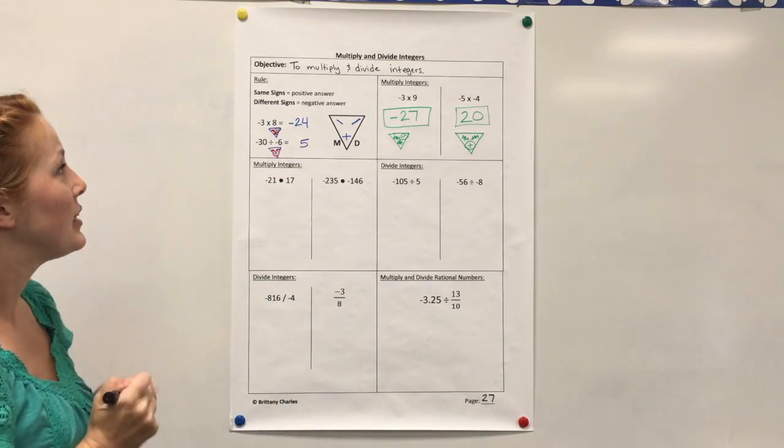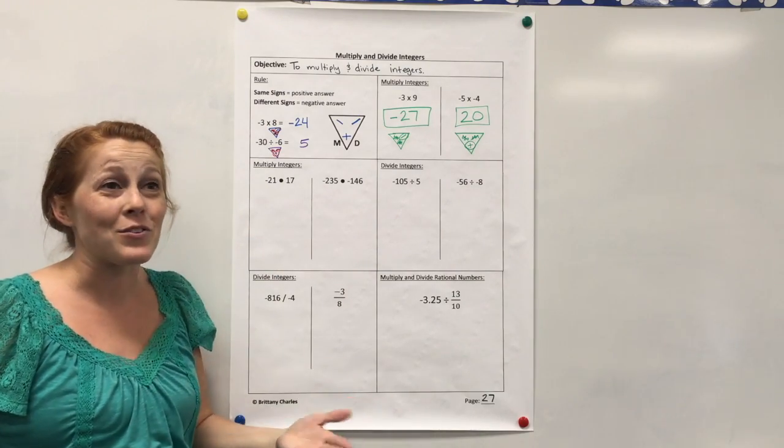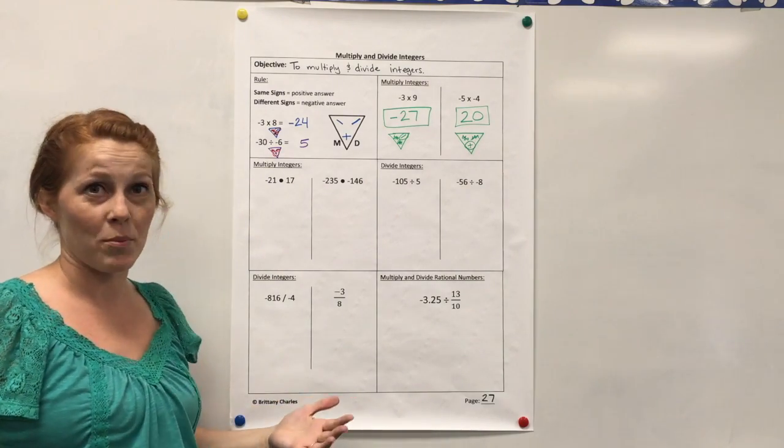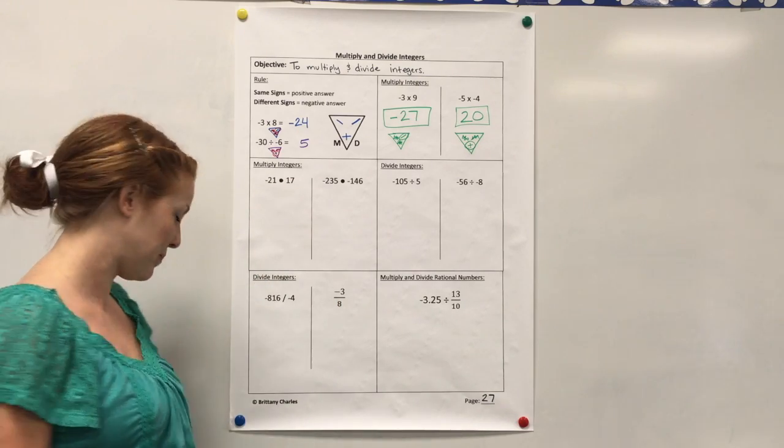All right, next, we're going to multiply some larger numbers. Again, you just start by multiplying like normal. So go ahead and multiply these two out.